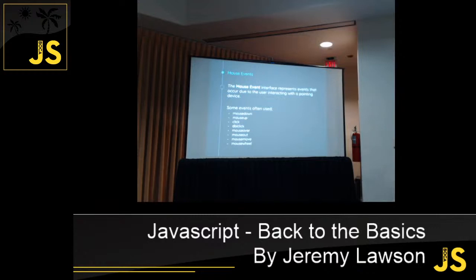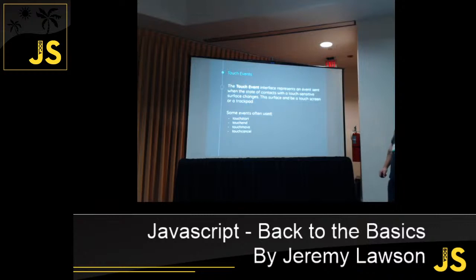Events I use often: mouse down, mouse up, click. There's a difference between down and up and click, and they distinctly make those distinctions. Double click, when I move my mouse over and when I move it out. Those are different events. And the mouse wheel, that's another one I use a lot.